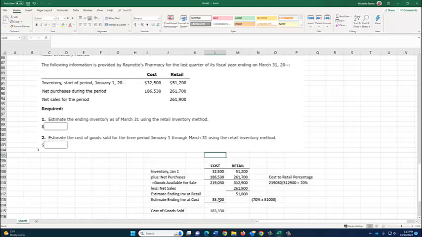Now, on your exam and in this problem, you're going to have to also calculate your cost of goods sold. So that's really easy. You just subtract your goods available for sale and the estimated ending inventory at cost, and you will have your cost of goods sold. So we'll now take these figures and move them over to our problem.